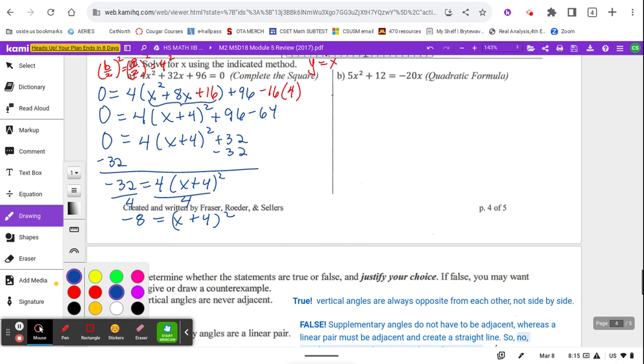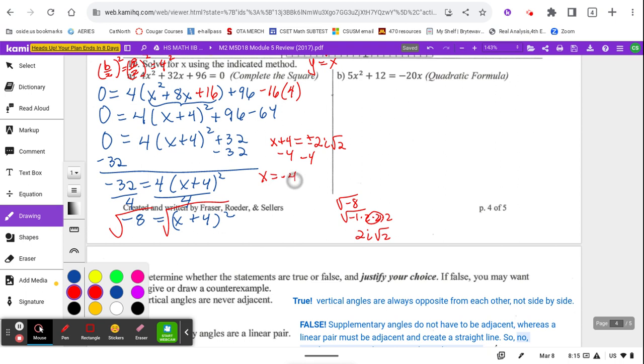Now we were trying to isolate these so that we could take the square root of both sides. And that's going to leave me, I'm going to flip this around, x plus 4 equals the square root of negative 8. Well, the square root of negative 8 breaks up into negative 1 times 2 times 2 times 2. A 2 comes out, an i comes out, a 2 stays in. So we're going to say plus or minus 2i root 2 for that root negative 8.